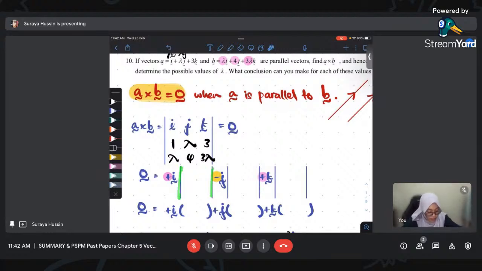Palang ni untuk apa, Miss? Palang ni untuk kita tutup bahagian I. Bila you tutup bahagian huruf I, direction I, you boleh copy the rest of it and put it inside of the palang. Easy? Saya ulang. Untuk bahagian I, saya tutup I. Tutup apa?